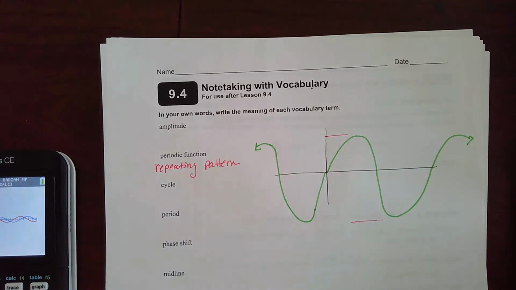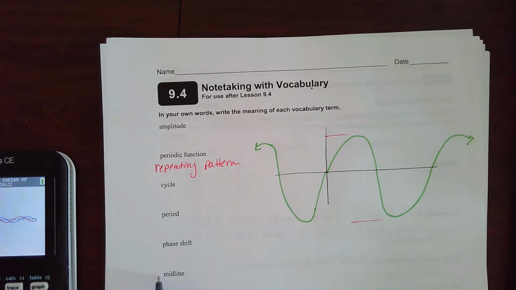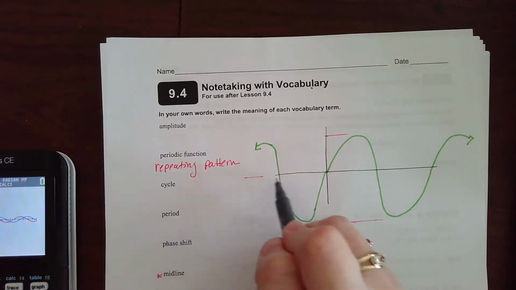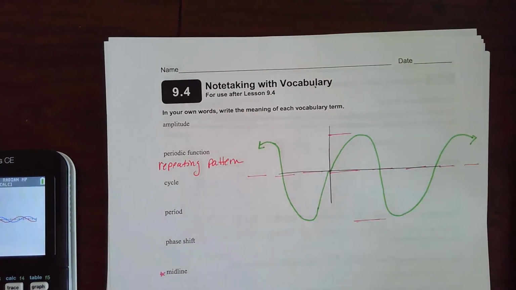Now, if you take a look at your graph, I'm going to go down here to where it says midline. When you graph a sine function or a cosine function, there's this imaginary line through it where half the function exists above the line and half the function exists below the line. I call this an imaginary line because it is not an asymptote. It's not really part of your graph itself. It's this imaginary line that cuts our function in half.